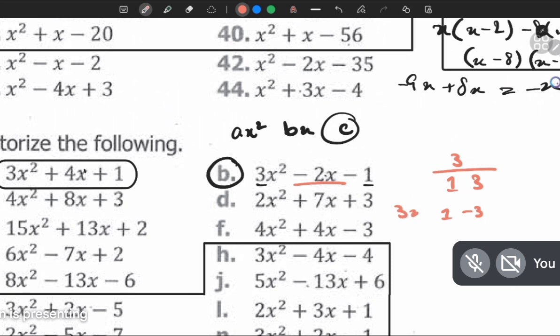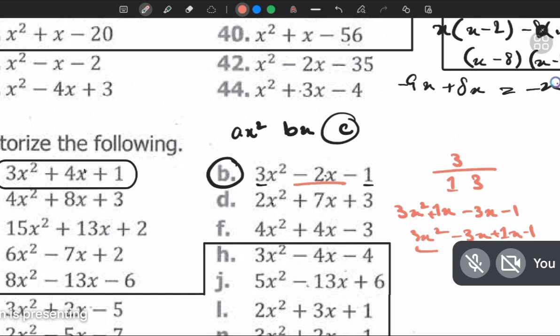So it's going to be 3x square plus 1x or x, however you want to write it, minus 3x minus 1, right? You can write it as this, and you can write it as 3x square minus 3x plus 1x minus 1.